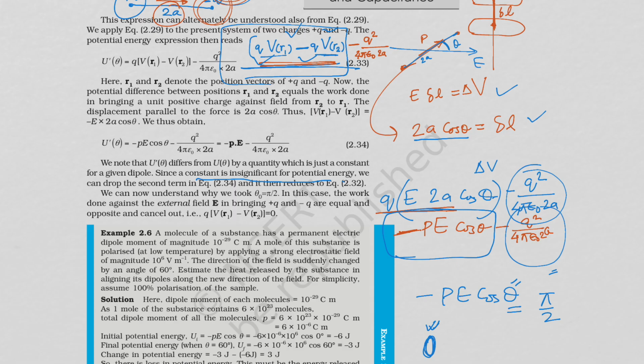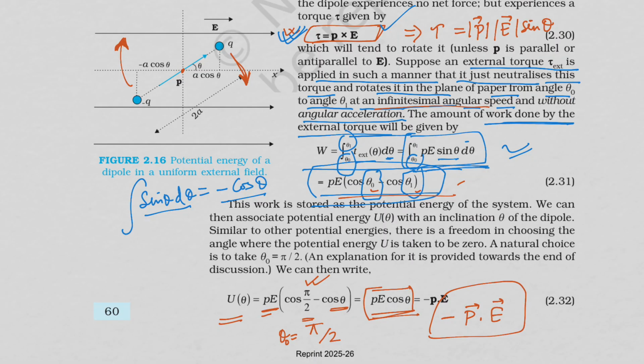That development is when cos theta will have some value other than 0. So that's why the limits of integration are from pi by 2 to theta. That's why theta naught is pi by 2.